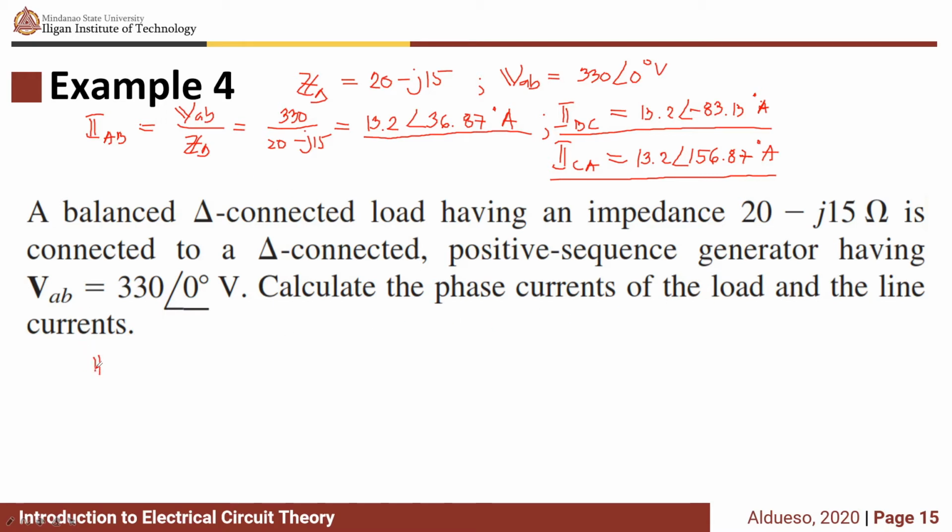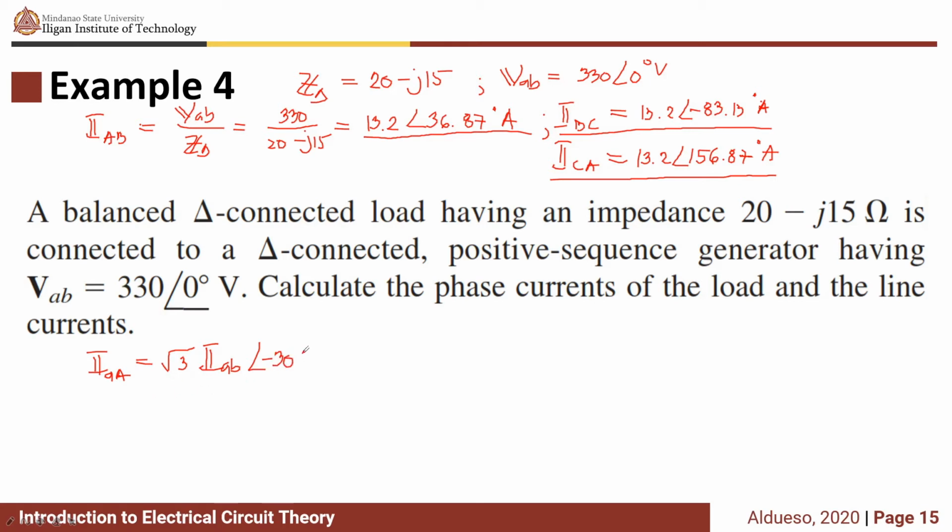So the line current IAA is equivalent to square root of 3 times IAB, and you subtract the angle by 30.